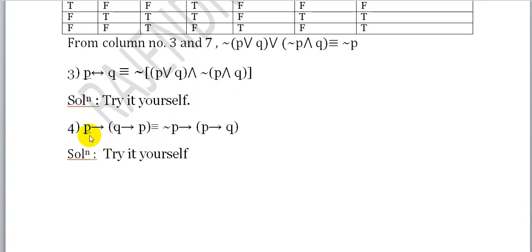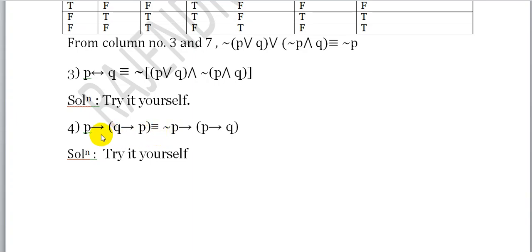And for question number 4, P conditional Q conditional P is equivalent to negation P conditional Q, or you can say P implies Q implies P is equivalent to negation of P implies Q. So dear students, you should try this question in the homework, because this question is very easy and only one rule and one negation is there.